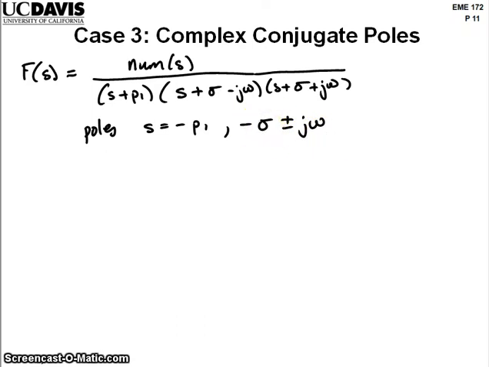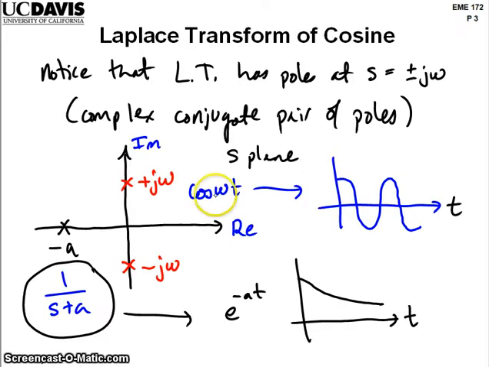And if we go all the way back to the beginning where I was talking about poles and what they look like, I plotted the s-plane here, the real part and the imaginary part, and I said when I have a real pole here, like a pole at minus a, or in other words, corresponding to a Laplace transform that looks like 1 over s plus a, that corresponds to a decaying exponential in the time domain. And then when I have purely imaginary complex conjugate poles, those correspond to an oscillating cosine. It's just oscillating all the time. Or it could be a sine or a cosine.